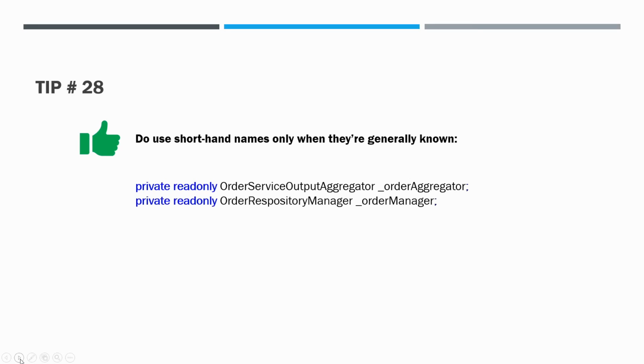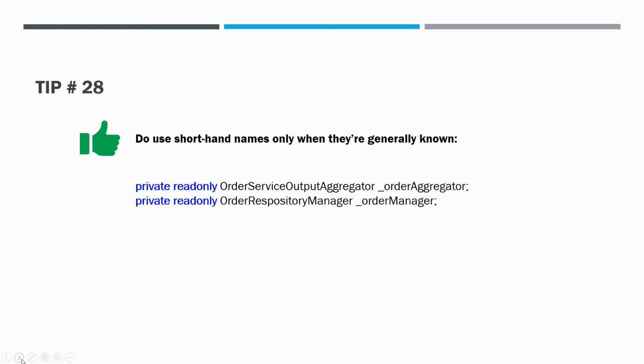Tip number 28. Do use shorthand names only when they're generally known. Every developer that works on a specific project should already know what aggregators and data managers are. For this example, we have order service output aggregator and order response manager.